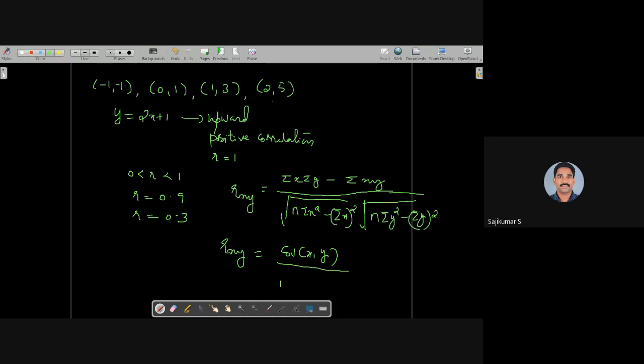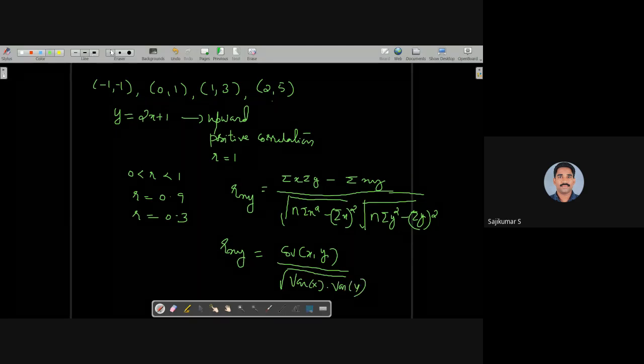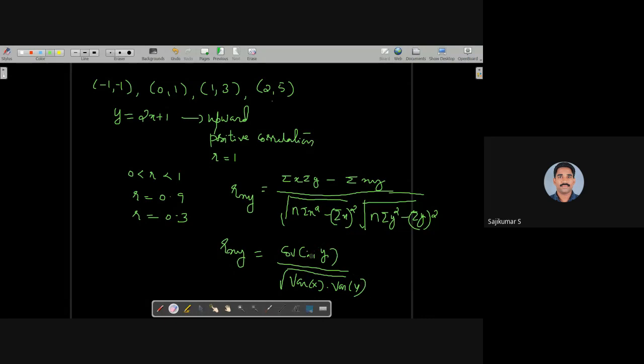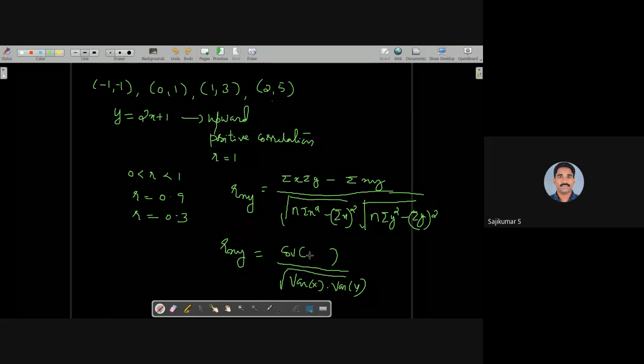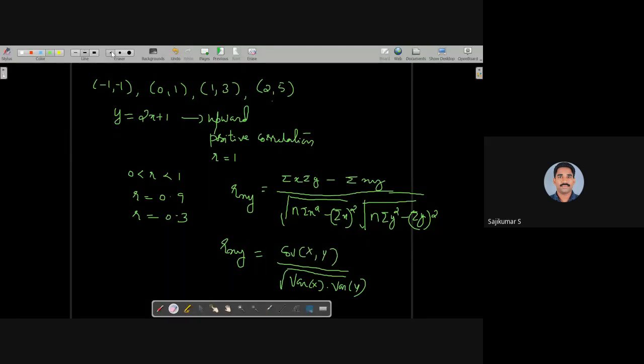Covariance of x comma y divided by square root of variance of x into variance of y. Here we are using capital letters to indicate random variables. And this quantity is called the population correlation coefficient.